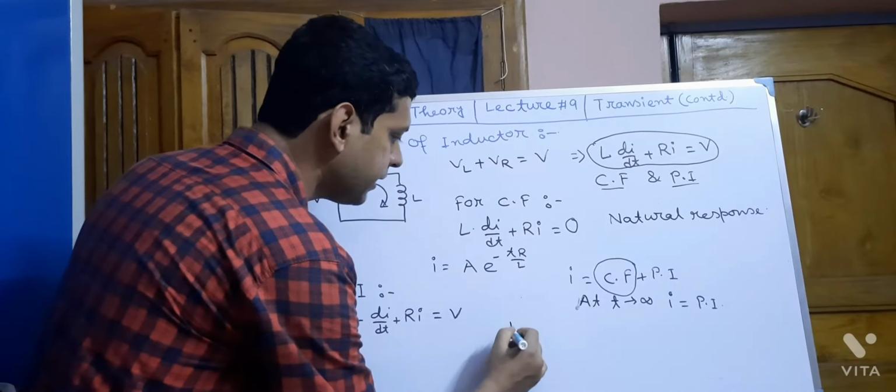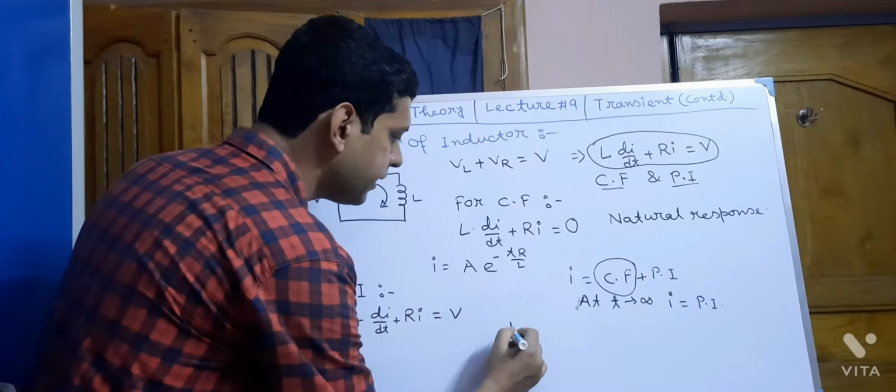Okay. So the complete solution of I will give us Cf plus Pi: V by R plus A e to the power minus RT by L. Now in this equation, V, R, L are all known to us except A. In order to determine this arbitrary constant, we have to apply the initial condition.